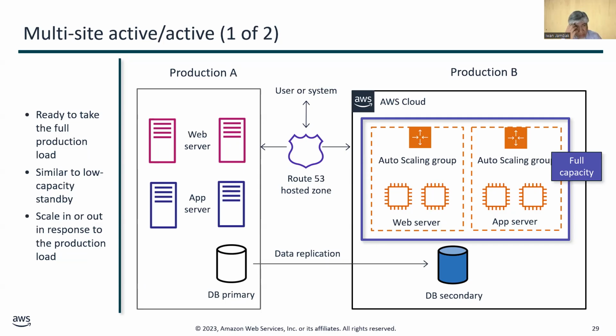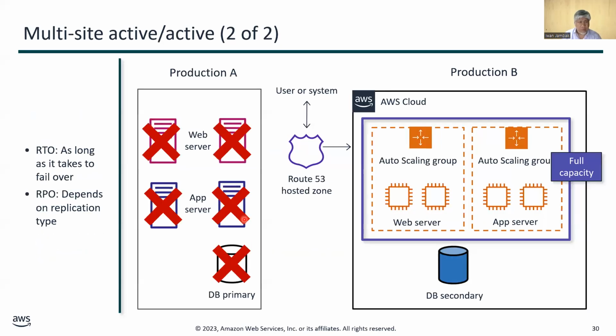Now, the multi-site active is the most expensive one, because both of them are active. It's running at full capacity, meaning you pay double, for your production and for your backup. When one of them is down, it will automatically serve the system at full capacity.